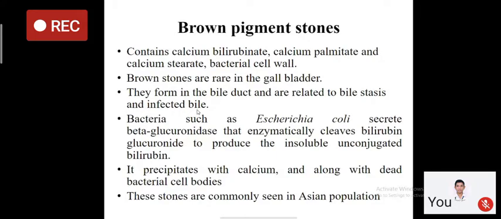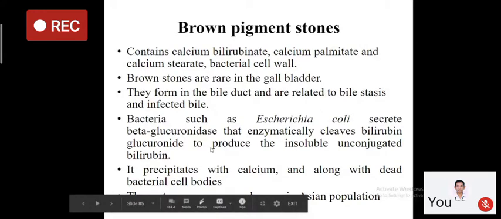So two prerequisites for brown pigment stone formation are, first, there should be bile stasis, and second, the bile should be infected. The usual bacterium is E. coli, which secretes the beta glucuronidase enzyme that cleaves bilirubin glucuronide to produce insoluble unconjugated bilirubin.